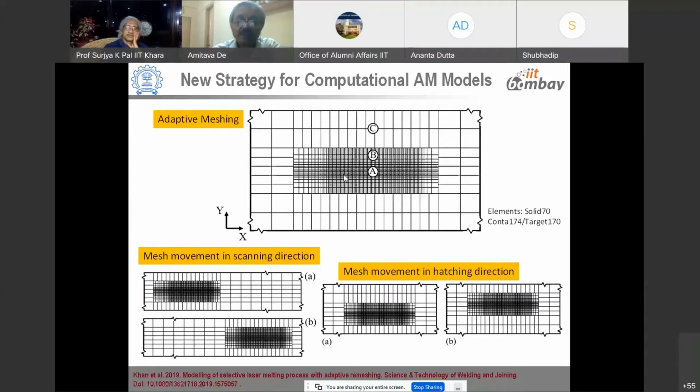So if this can be done, one good thing is, as the beam moves, such a fine cluster of unit cells can be moved, it will take care of the local variation of the temperature field and essentially provide us more accurate results.